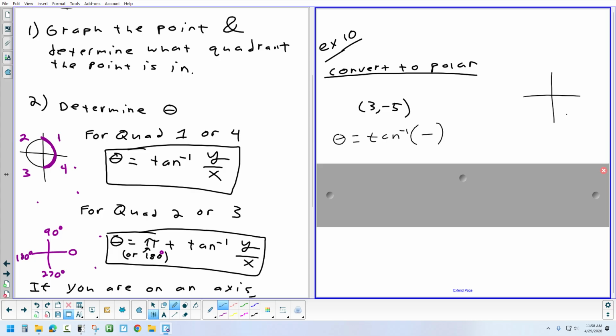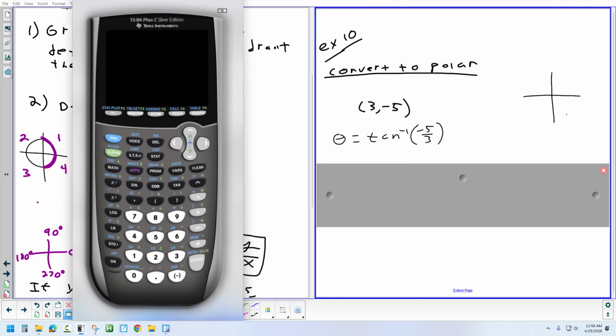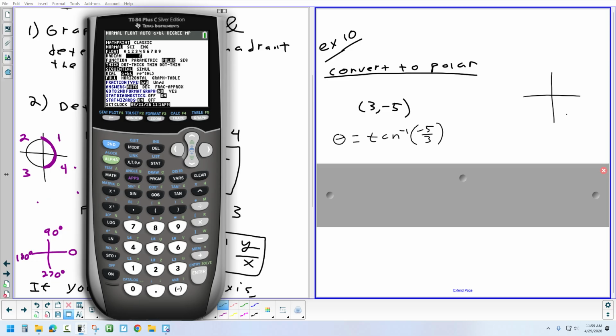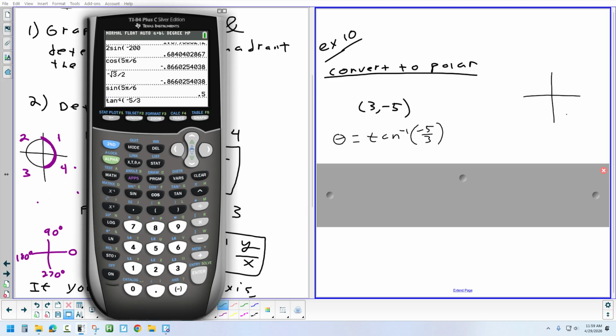What's y in this case? -5. And what's x? 3. Okay, so we'll just see what that is. So inverse tangent of -5 over 3. You could do it in radians or degrees. I'm going to do it in degrees. So that angle is -59.04.